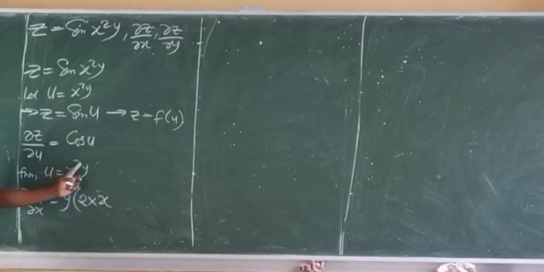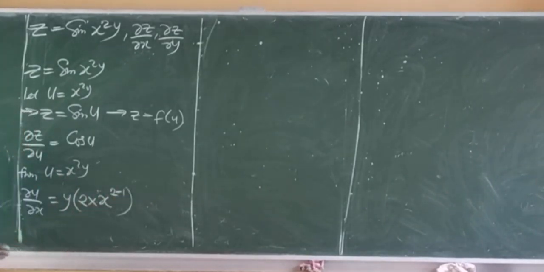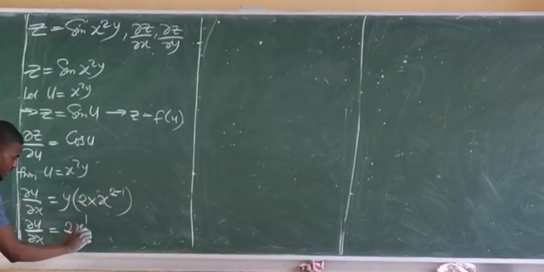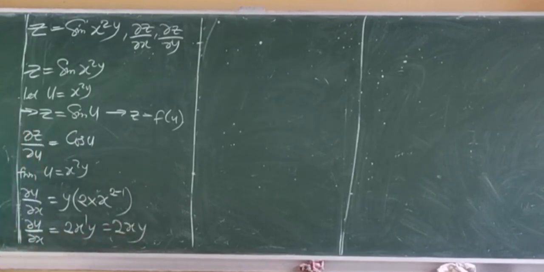Then subtract 1 from the power of x, so I'll have 2 minus 1. So partial u, partial x is 2x to the power 1 times y. So this is actually 2xy.